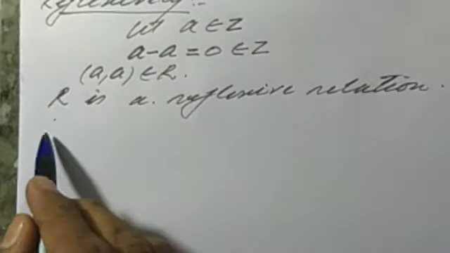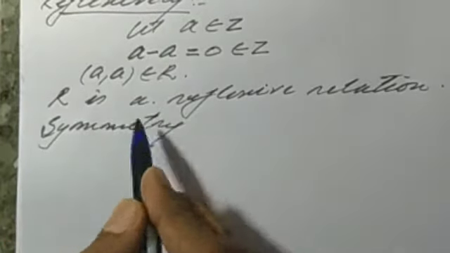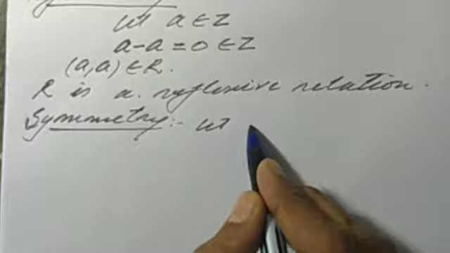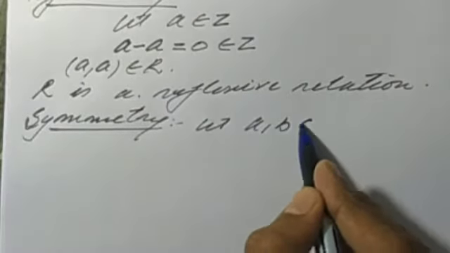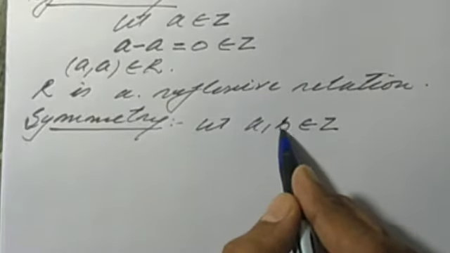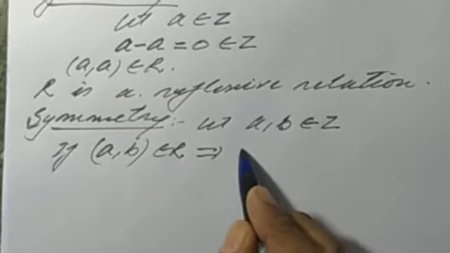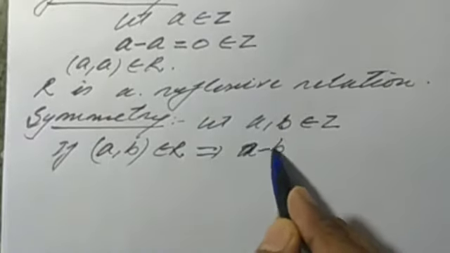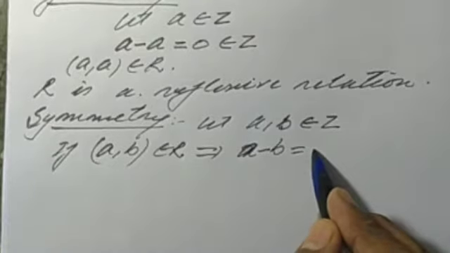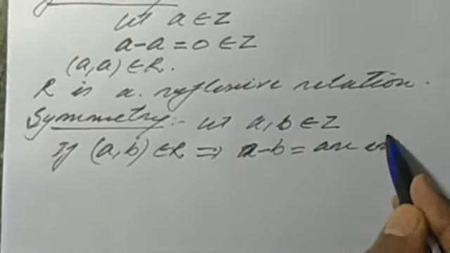Now let us talk about symmetry. Here we take two arbitrary elements a and b from Z, that is, two arbitrary integers. If (a, b) belongs to R, it implies that a minus b is an integer.